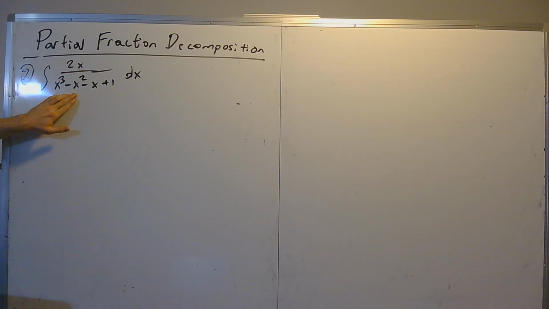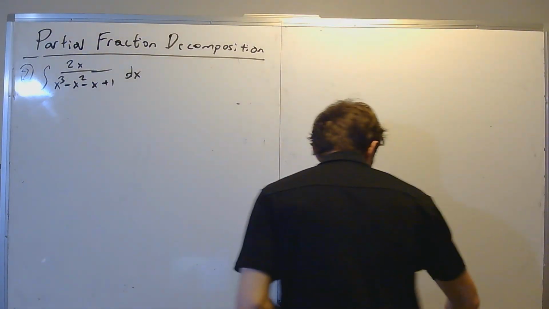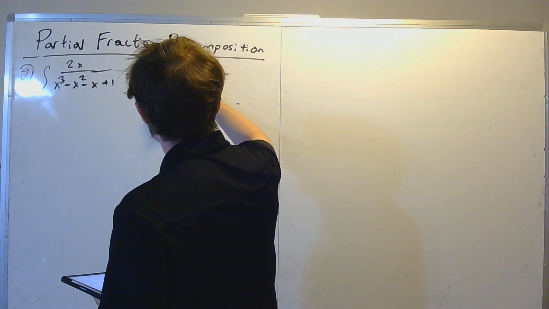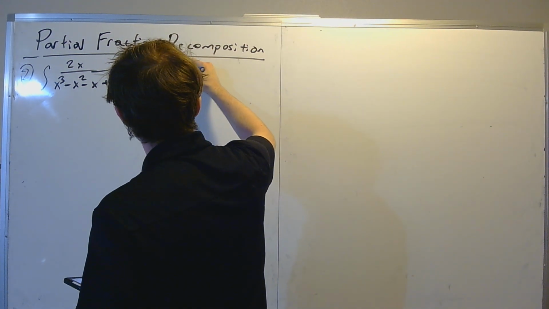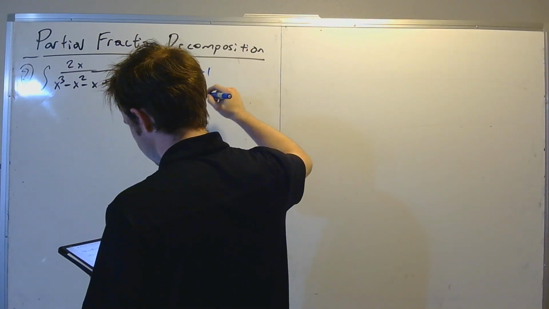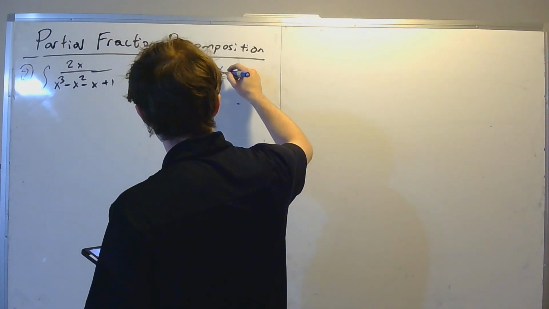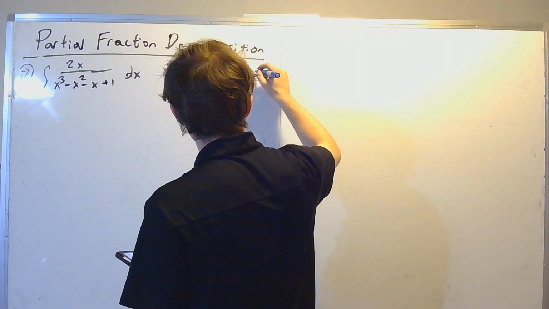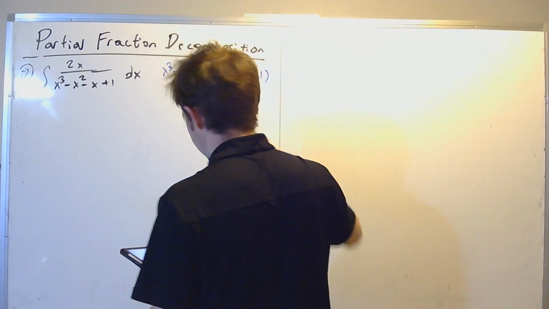But notice, in order to factor the denominator, we're trying to factor a trinomial. I'm not going to make you do that on the test, but the way we would factor this trinomial is to say that this x cubed minus x squared minus x plus 1 is equal to x minus 1 times x squared minus 1.